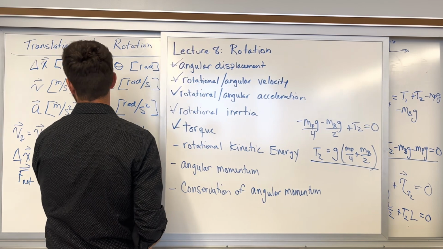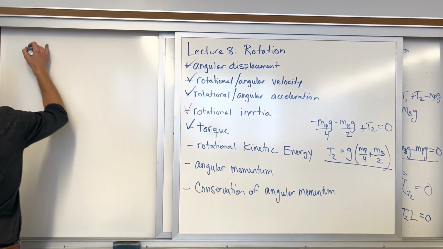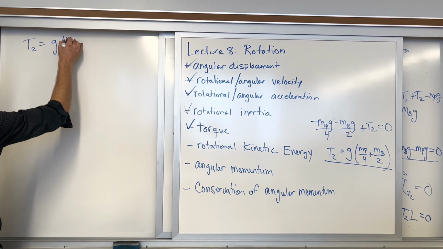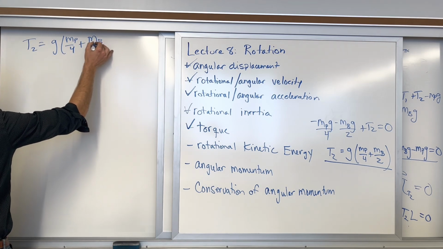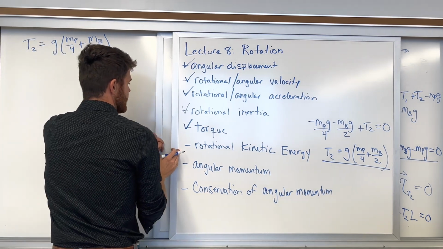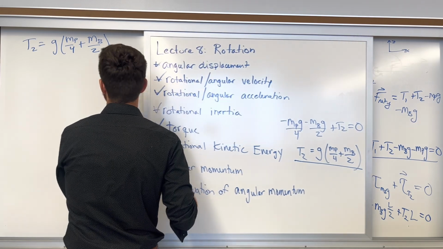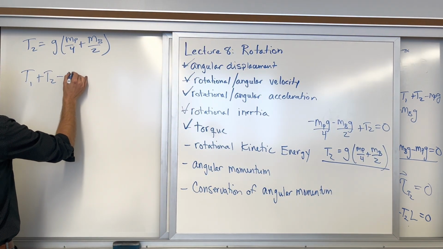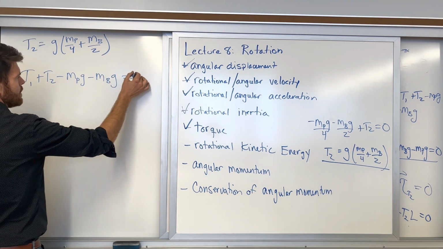I found from the sum of all torque about A that T2 is equal to G times MP over 4 plus MB over 2. And Newton's second law applied to the y direction is T1 plus T2 minus MPG minus MBG equals 0.